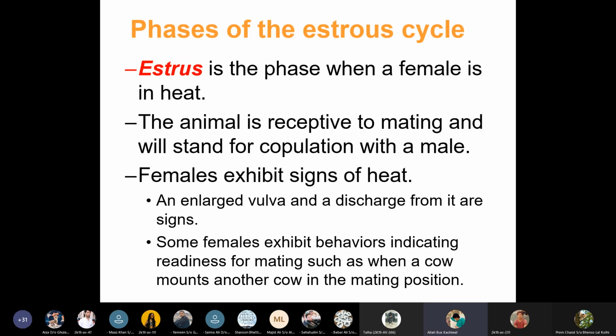The phases of the estrus cycle: estrus is the phase when the female is in heat. The animal is receptive to mating and will stand for copulation with a male. The female exhibits signs of heat. An enlarged vulva and discharge from it are signs, whereas some females exhibit behaviors that indicate readiness for mating, such as a cow mounting another cow in the mating position.